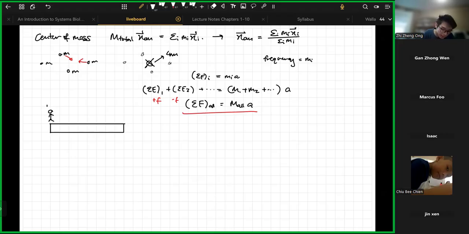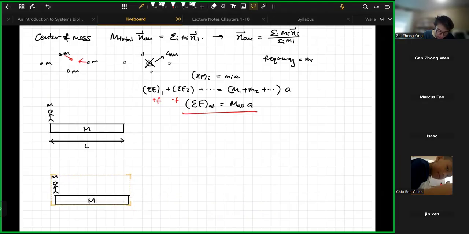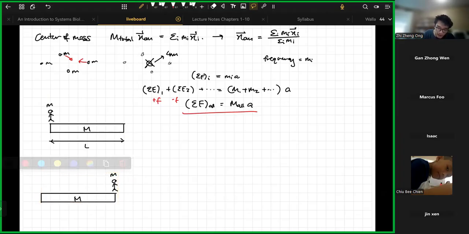The person has mass m, the boat has mass M and length L. When the person moves to the front, the boat will be displaced leftwards by a little bit. So find this shift.